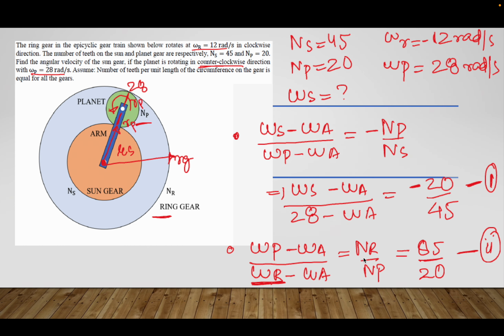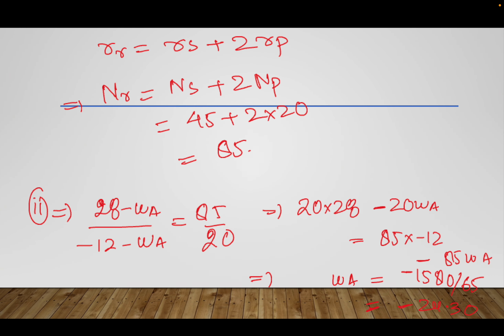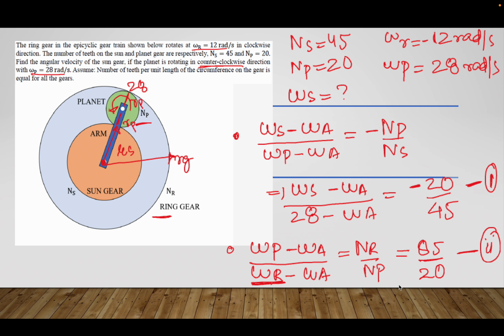Now what do we have next is that omega A is again not given, omega P is given, and omega R is also given, right? So we can simplify this equation, and because omega P and omega R both are given, only omega A will be remaining.